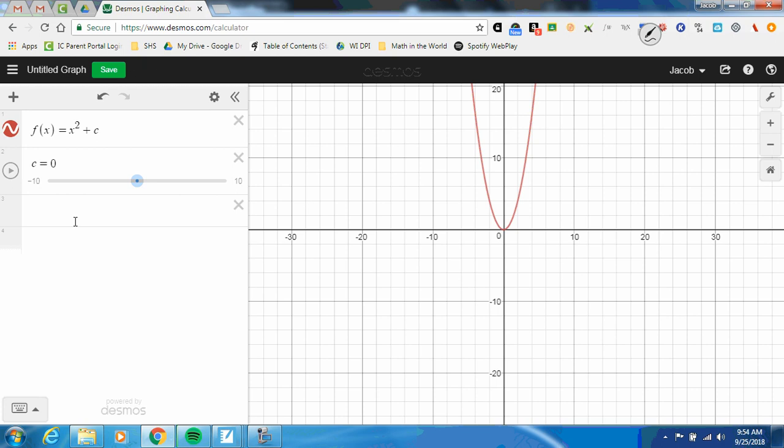Anybody got a theory or a proposition? Connor's brave. Ooh. So y squared plus c. So you're basically saying, instead of squaring x, I'm going to square y. Huh.